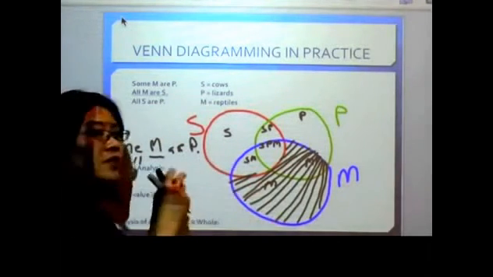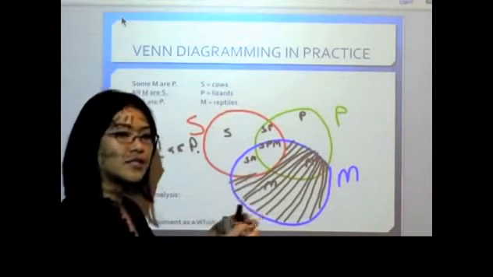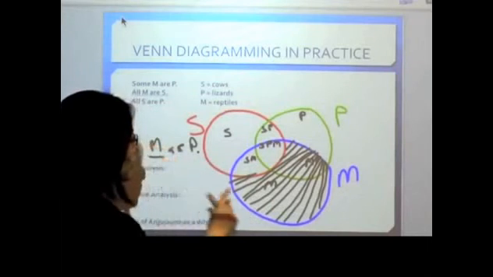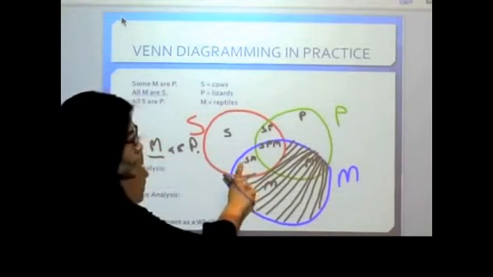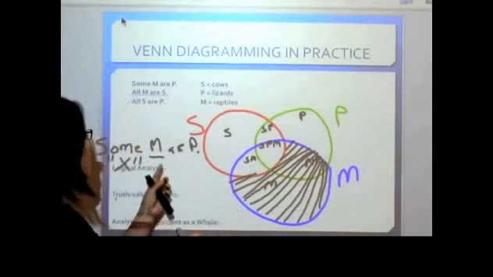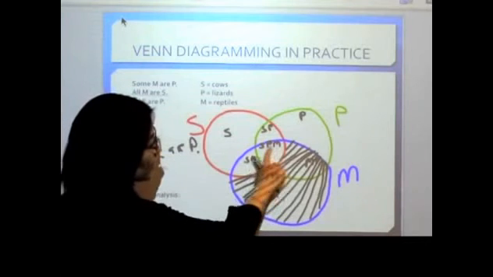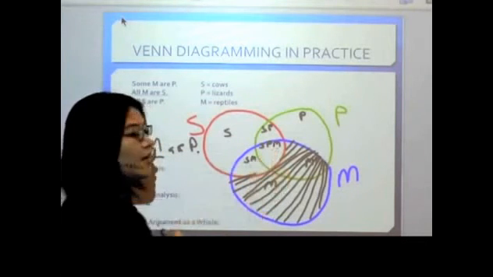We want to put an X in that area, unless there are two possible places to put that X. Here we have one area that's an S and an M. That's not an area we're interested in, because we're looking for an area that's an M and a P. And we have this area here that's an S, P, and M.